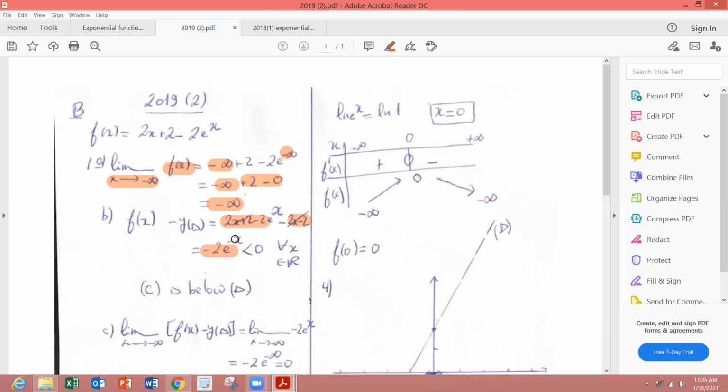E to any power is always positive. Multiplied by negative 2, it will be negative for every x in R. Since f(x) minus y delta is negative, C is below delta.